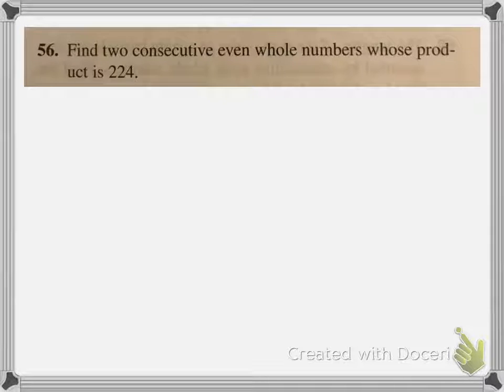Okay. So if I have 3, what did I do to 3 to get the next number? I added 1. So if I have 4, what did I do to 4 to get the next number? 5. So if I have x, what do I do to x to get the next consecutive number? I add 1. So the very next consecutive number would be x plus 1.